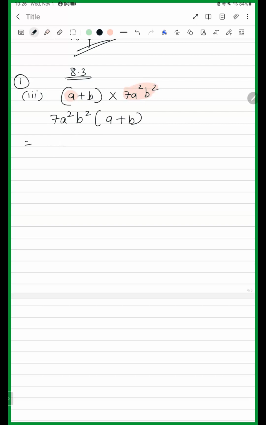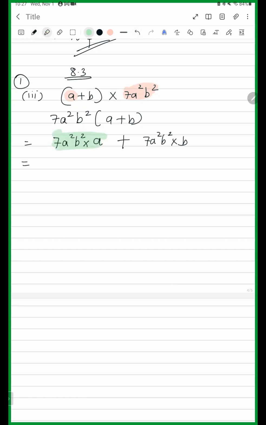See, basically you are multiplying this thing with a also and then adding it with the same thing multiplied with b also. So what does that mean? 7a square b square multiplied with a plus 7a square b square multiplied with b. So when you multiply 7a square b square with a, what do you get?